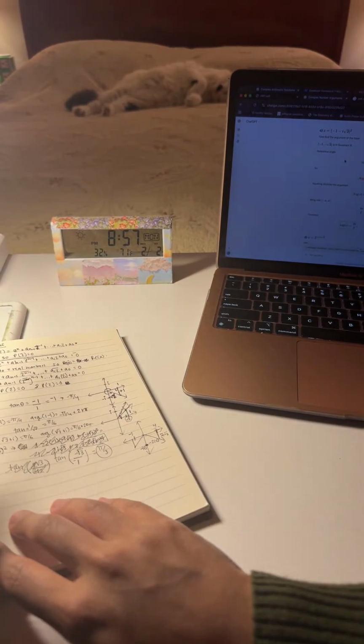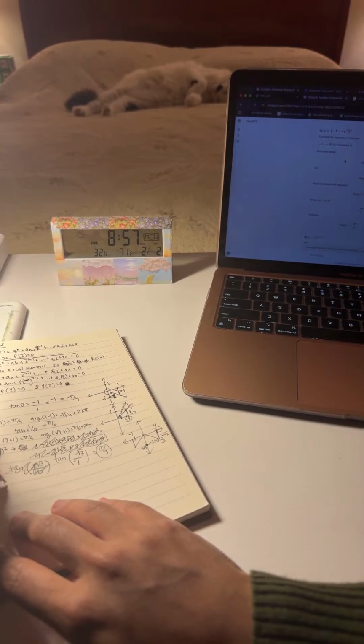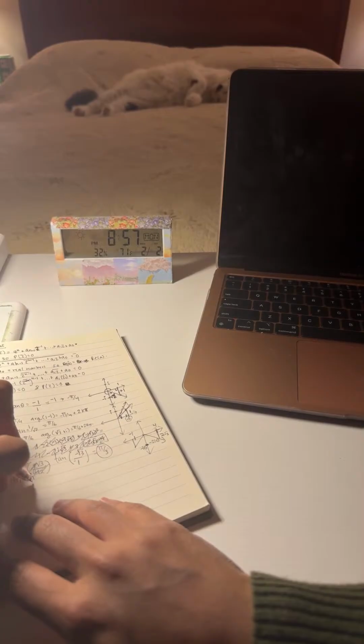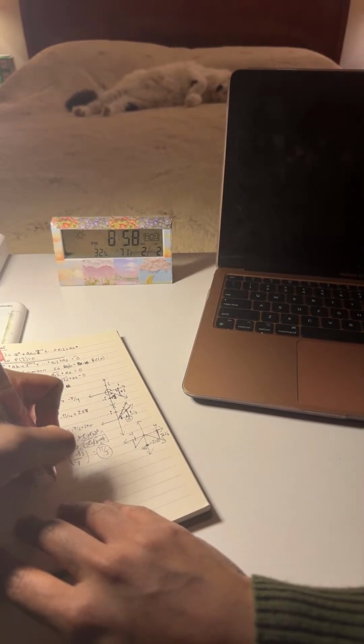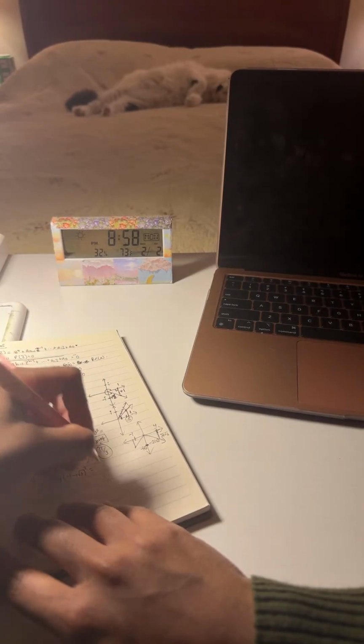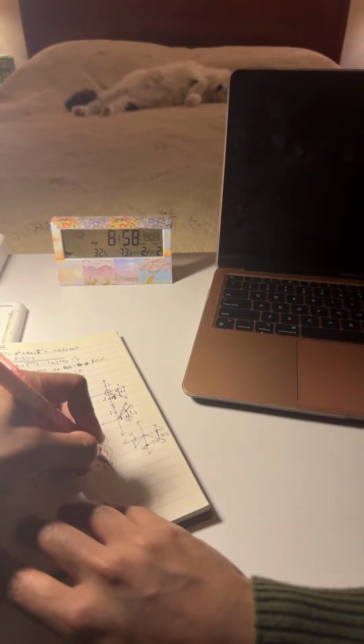So the argument of negative 1 minus i root 3 squared is equal to pi over 3, and then the lowercase argument is equal to pi over 3 plus 2k pi.